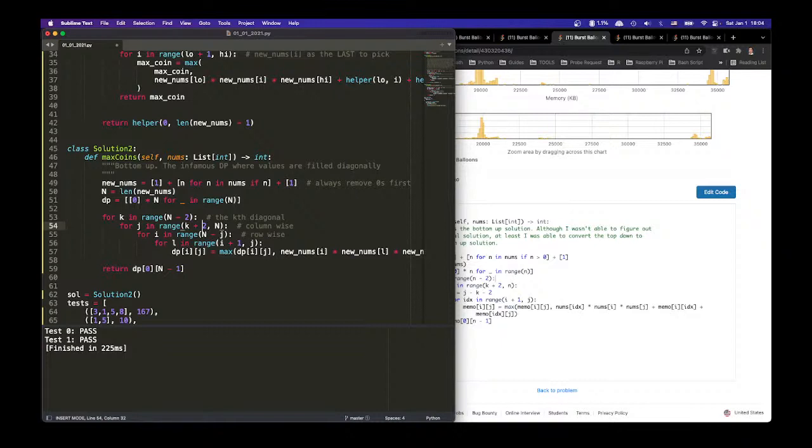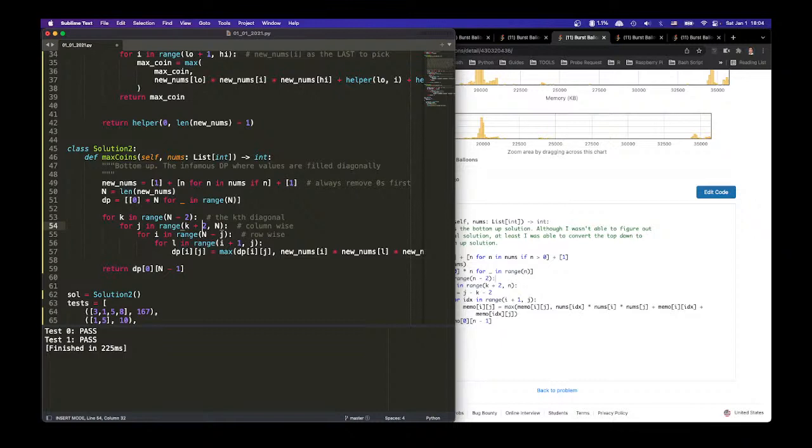So let's say K is 0, so J is equal to 2. And what is I going to be? I want to find out 0 to 2, so I is going to be 1.